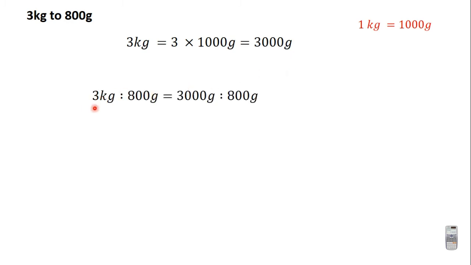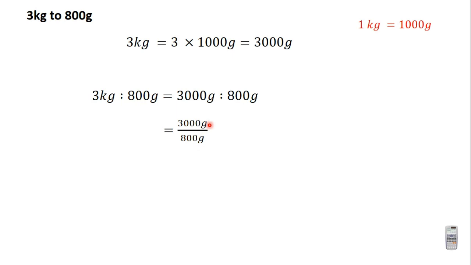So our ratio, which is 3 kilograms is to 800 grams, is now 3000 grams is to 800 grams. We can express this in terms of a fraction as 3000 grams divided by 800 grams.